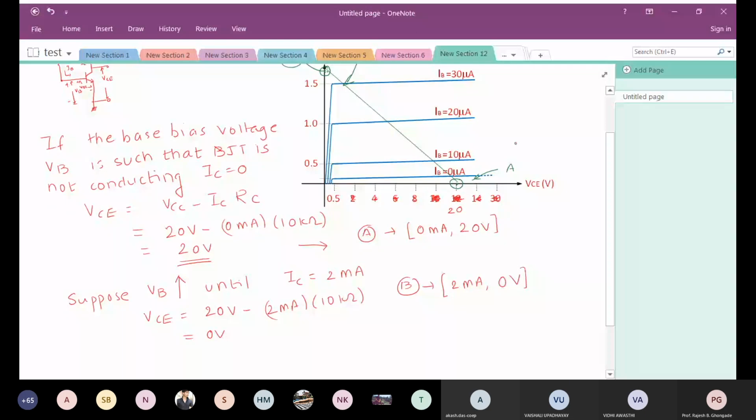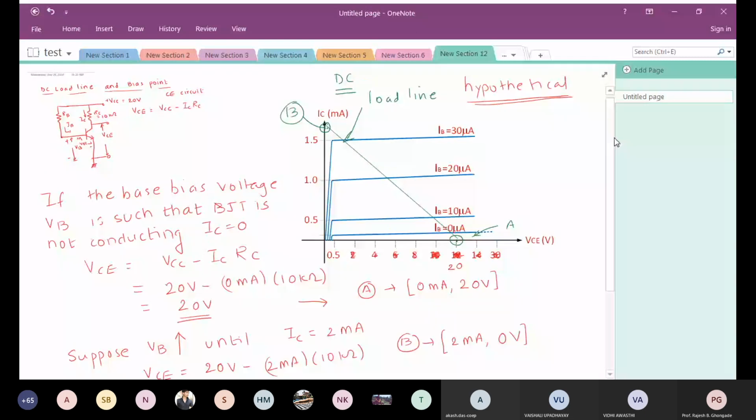The reason for that is the voltage across the transistor, the VCE, will never be 0. It will always be stuck at VCE sat. So VCE equal to 0 will never happen.